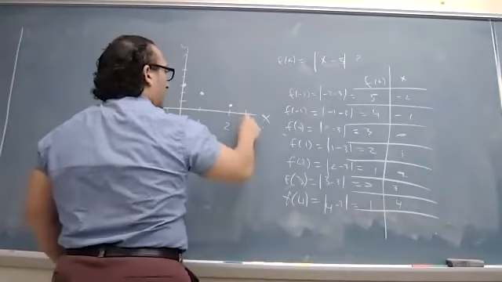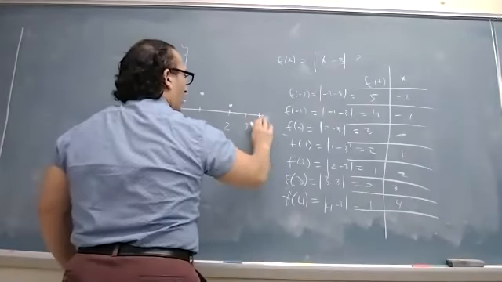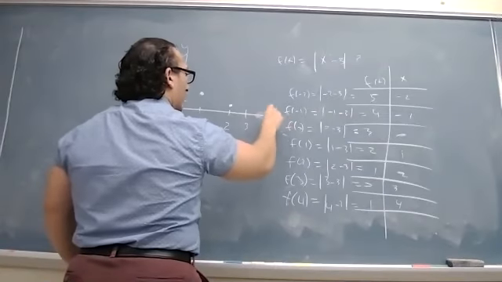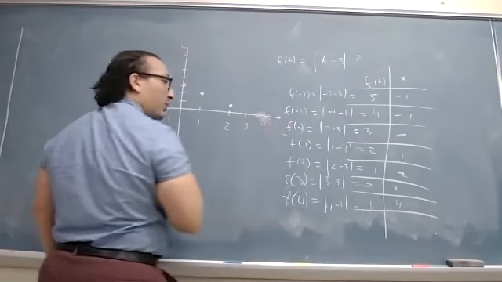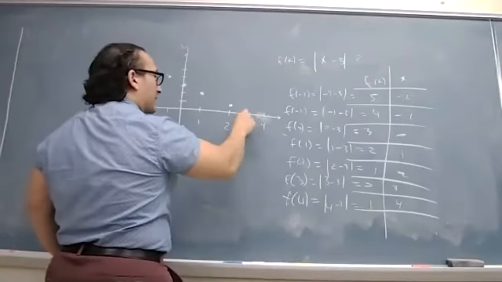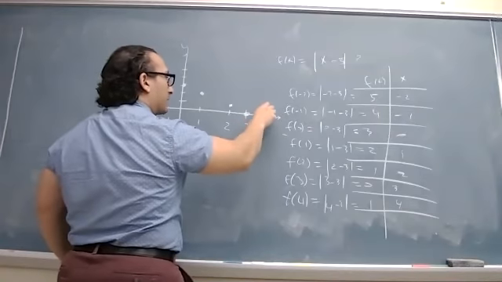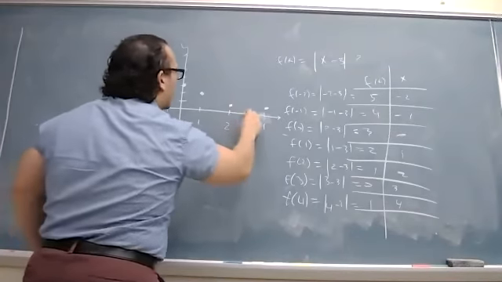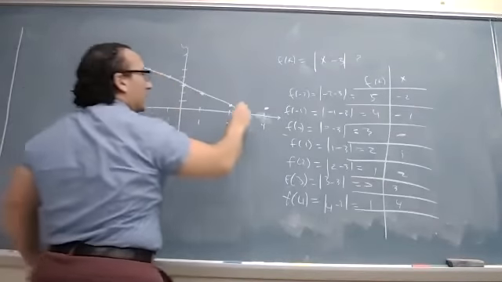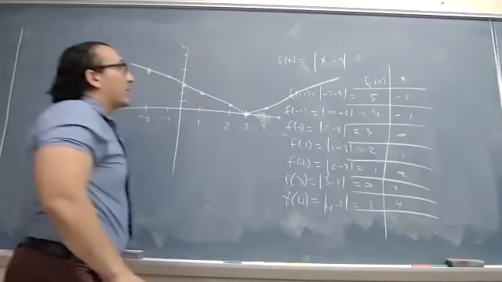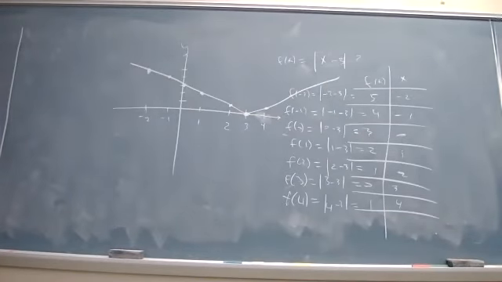So notice that at 3, it's going to touch the x-axis. And at 4, it's going to bounce back up. So when we connect the dots, we get what we had before. But look, it just moved.